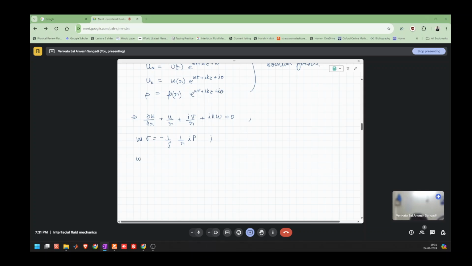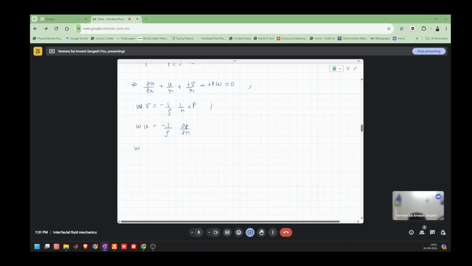Then we have omega u is equal to minus 1 by rho del p by del r. And then finally we have omega w is equal to minus 1 by rho i k p.